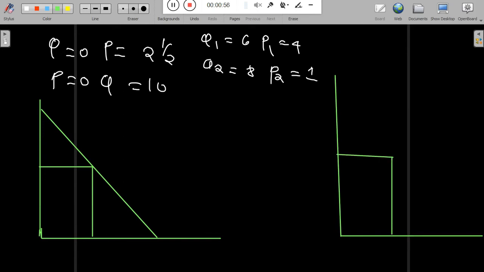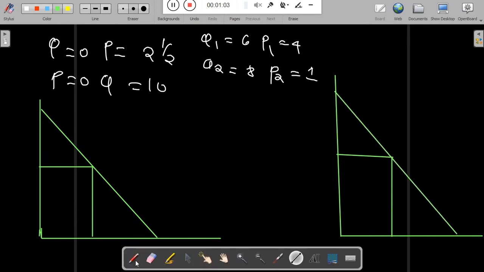We also draw the second graph. We indicate the demand line, and here we have price and here we have quantity. So at the equilibrium points, we have the values of price and quantity.